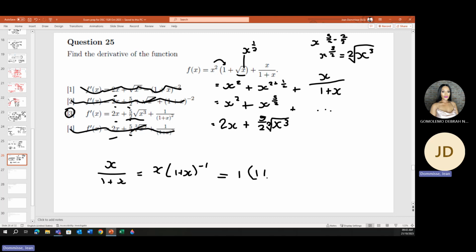So that becomes 1. X plus 2 is -1, -1, -1. So that can be -2.